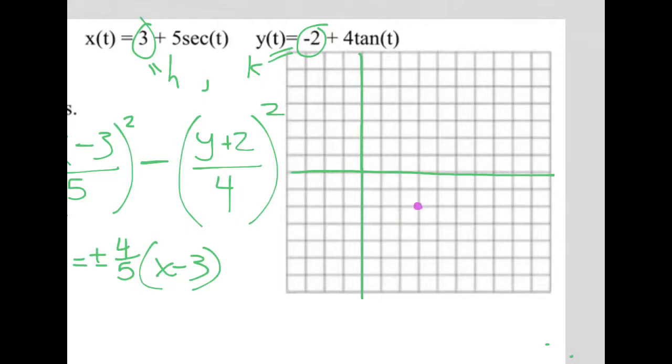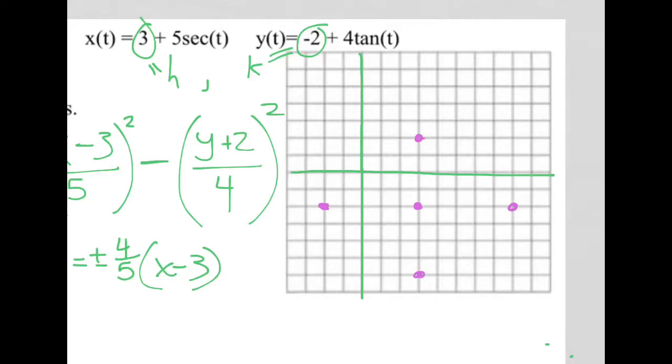Then I'm going to say, since that 5 is in front of my secant, which is with my x, I'm going to go 5 to the right, 1, 2, 3, 4, 5. Plot a vertex, 5 to the left, 1, 2, 3, 4, 5. Plot a second vertex, and then from that center I'm going to go up 4 with the y there. So up 1, 2, 3, 4, and down 1, 2, 3, 4.